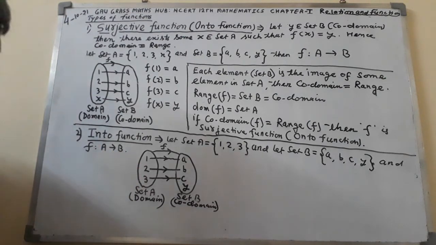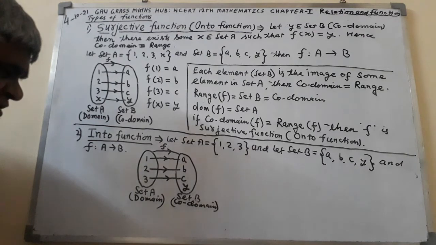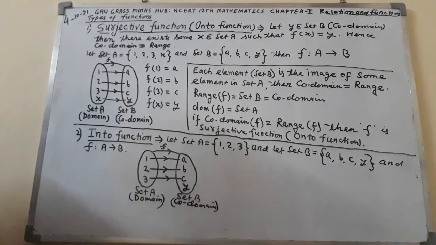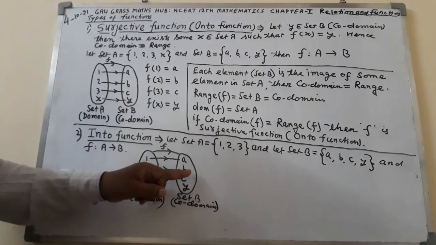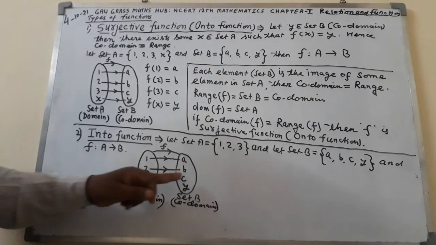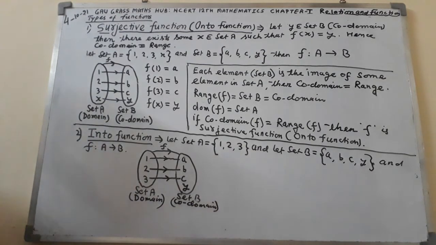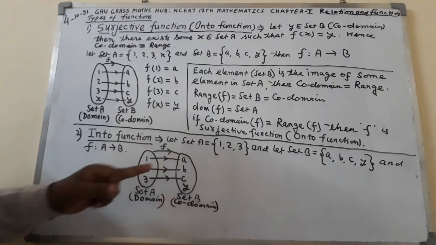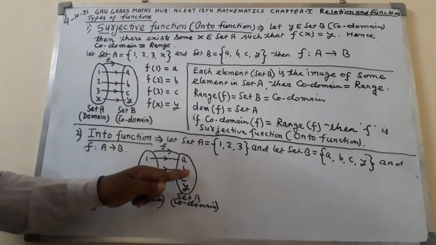What we shall observe here: 1 is related to a, 2 is related to b, 3 is related to c. In other words, the image of 1 is a, the image of 2 is b, the image of 3 is c.